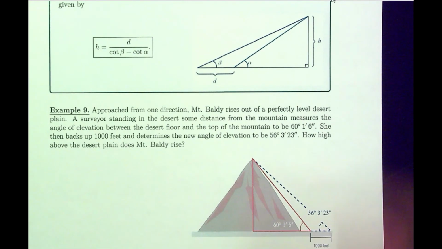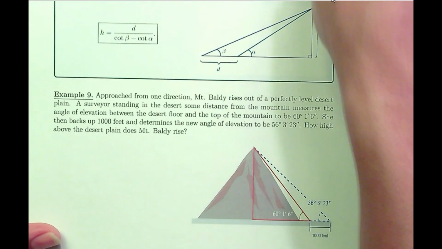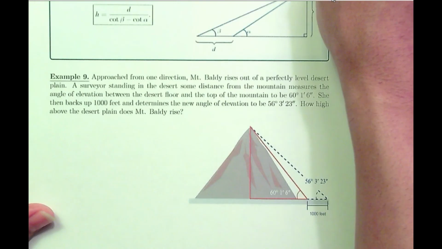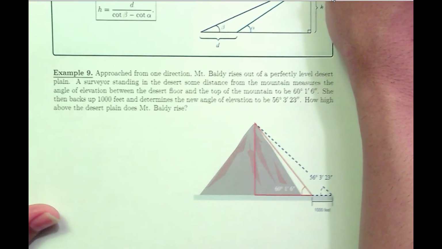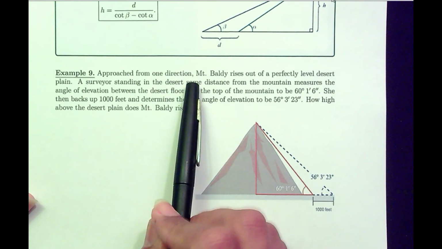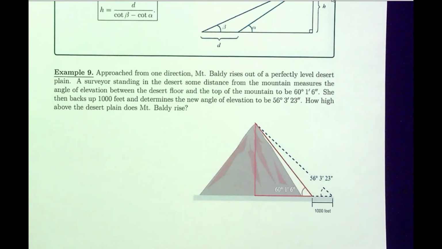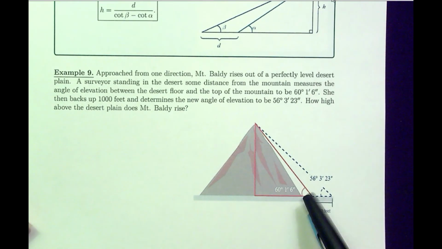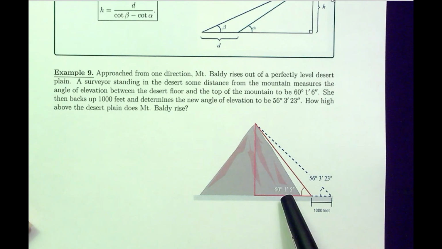Okay, and here's an example where we could use this formula. You don't have to memorize that formula. We're just going to use it. Approach from one direction. Mount Baldy rises out of a perfectly level desert plain. A surveyor standing in the desert some distance from the mountain measures an angle of elevation between the desert floor and the top of the mountain to be 60 degrees, 1 minute and 6 seconds.